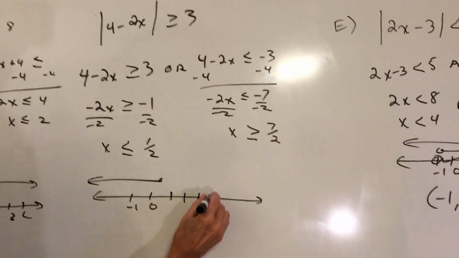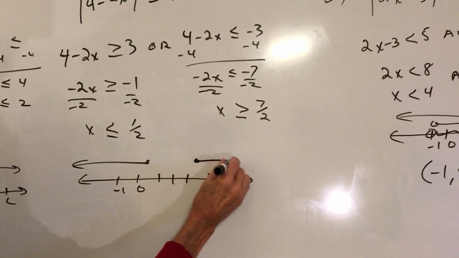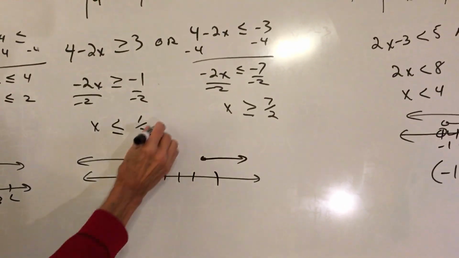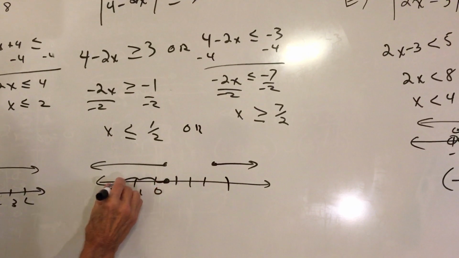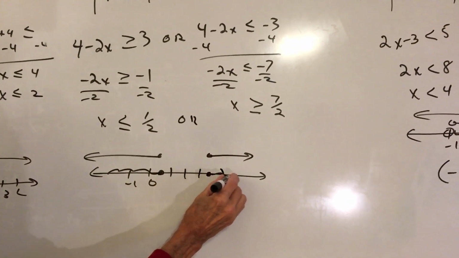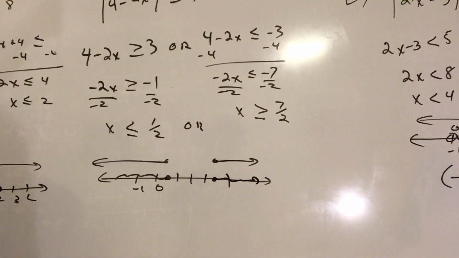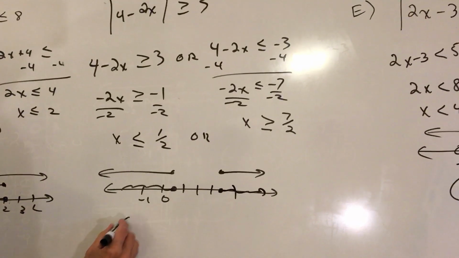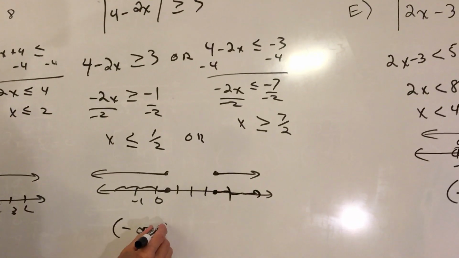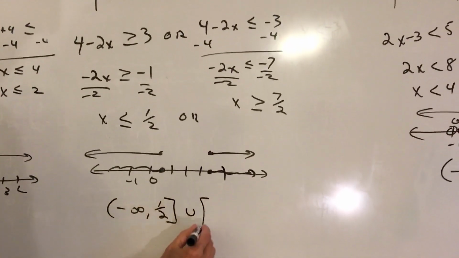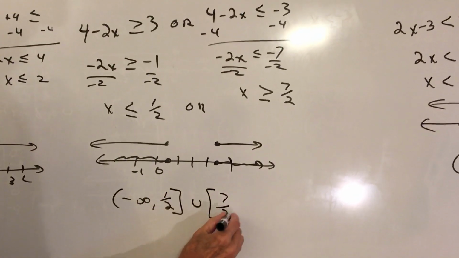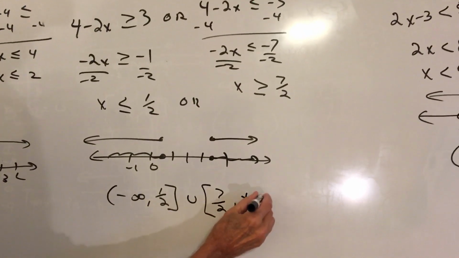Greater than or equal to 3.5, that's that. Or has both of them. And the interval notation is -infinity to 1/2 bracket union 7 halves, comma, positive infinity.